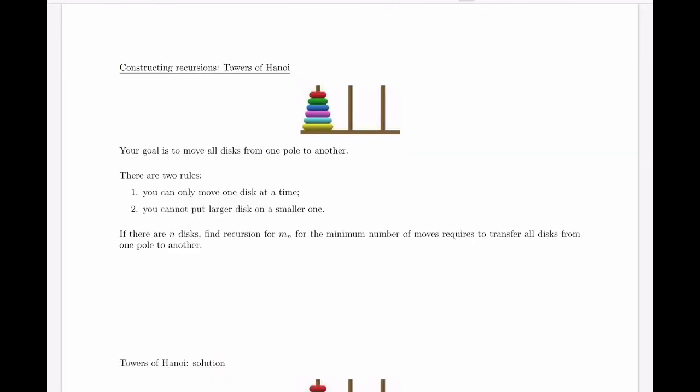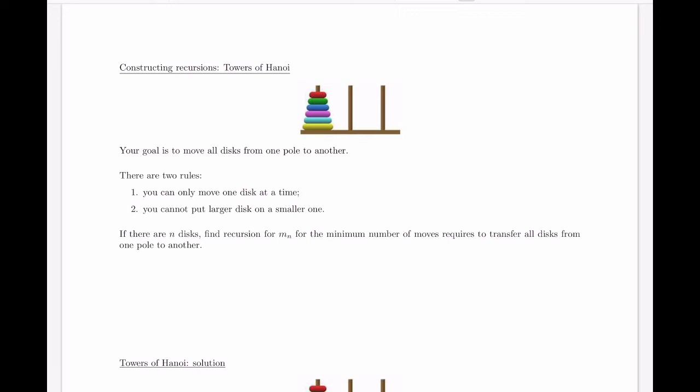A classical fun example of constructing recursions is the problem of towers of Hanoi. It was actually invented by a French mathematician, Edouard Lucas, in the 19th century, which is why sometimes they're called Lucas's towers. But it's supposedly associated with a legend that in a Hindu temple, this puzzle was kept to stimulate the monks mentally, kind of like chess in some other cultures.